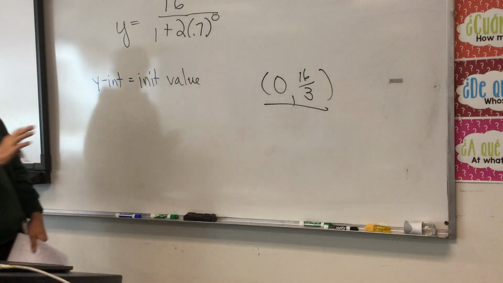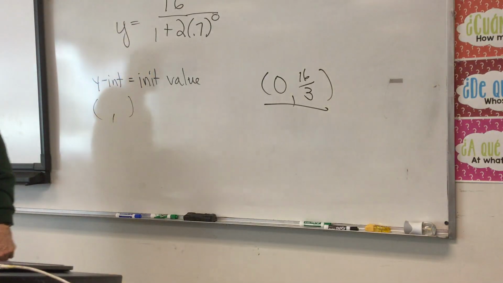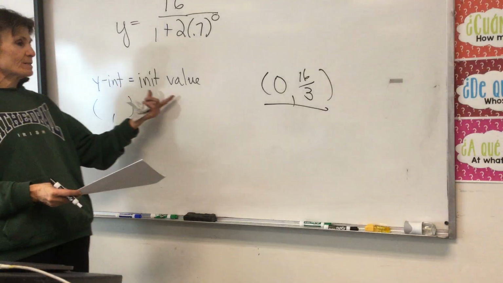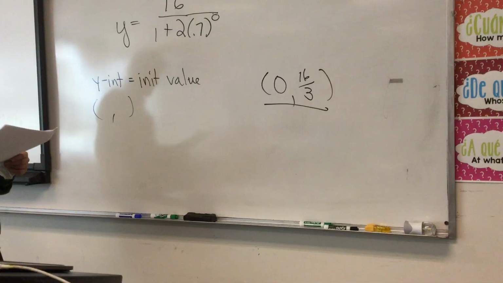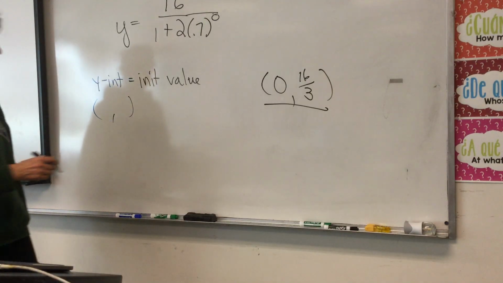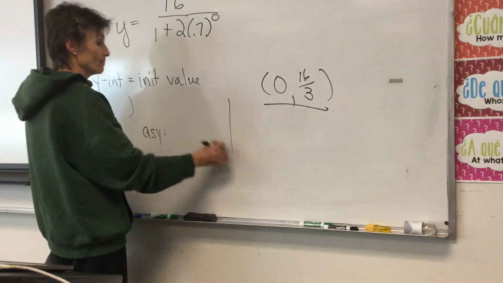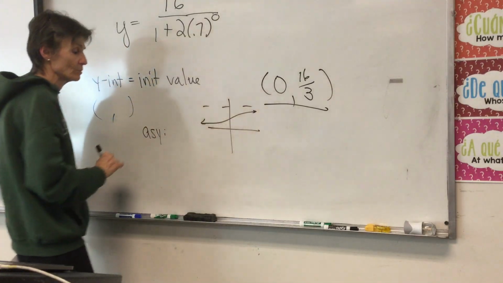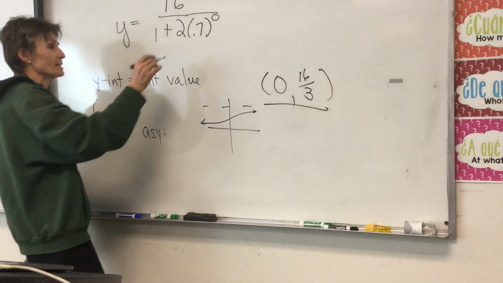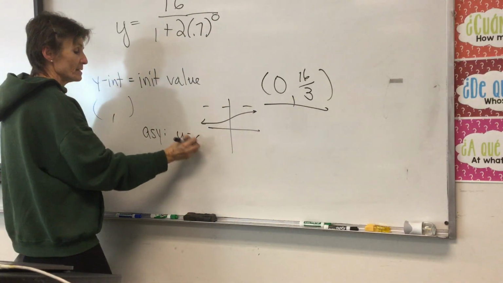One slight difference is, if you're asked for the y-intercept, you need to list a point. If you're asked for the initial value, it would just be 16/3. But the work is all the same. And then it says, what are the asymptotes? Remember, a logistic function has a top asymptote and a bottom asymptote. Unless you have done something funky to the problem, the bottom asymptote's going to be at 0.